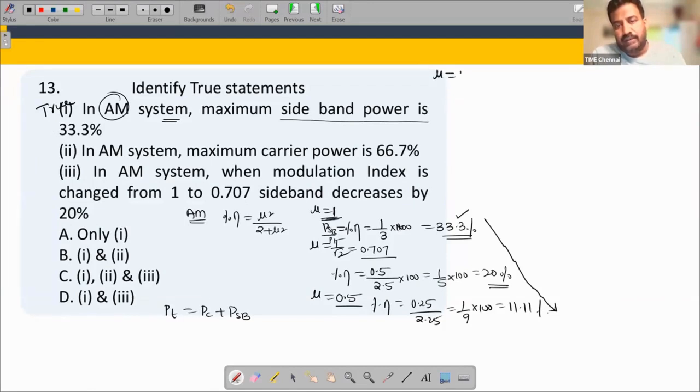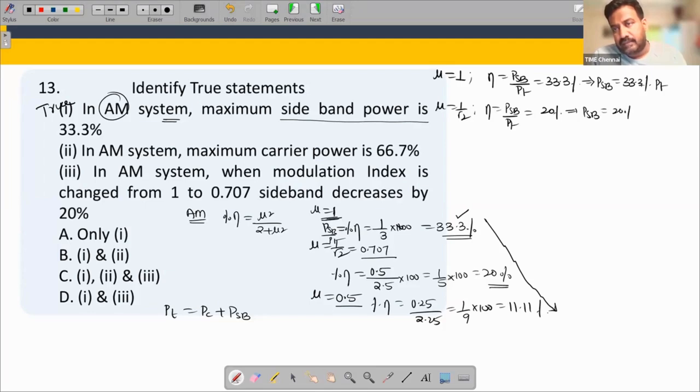When mu is equal to 1, eta, which is sideband power by total power, is 33.3%, implies sideband power is 33.3% of total power. Similarly, when mu is 1 by root 2, eta sideband power by total power, but it has 20%, implies sideband power is 20% of total power.